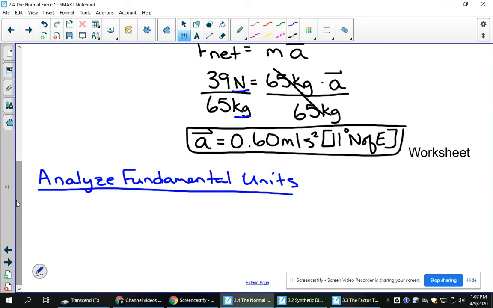So that really doesn't make much sense. We don't see that anything is canceling there. So to analyze the fundamental units, we need to write everything with our base units that we always use in physics. So that's things like meters, seconds, and kilograms. If we can write everything with those units, then we can actually see them canceling.